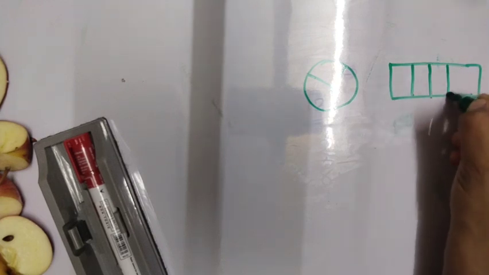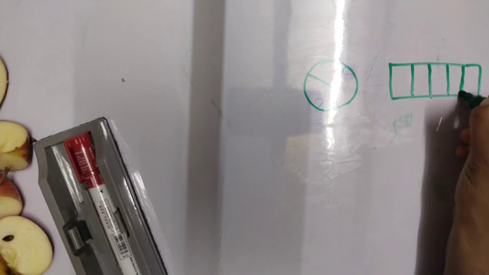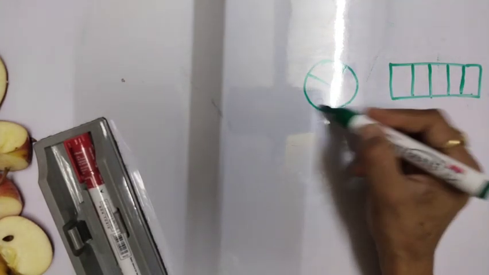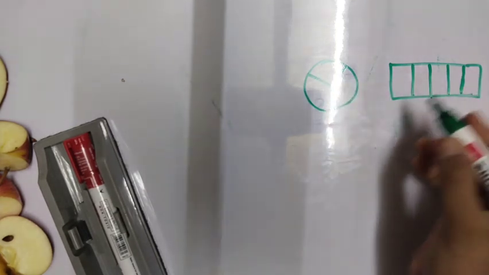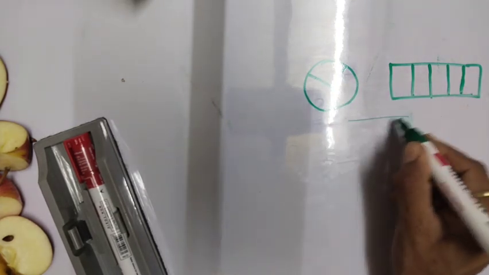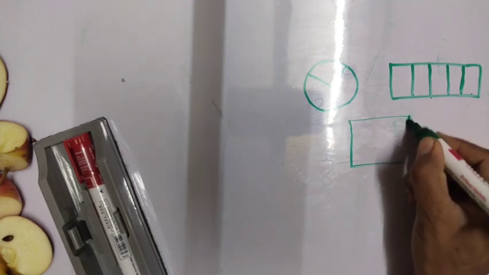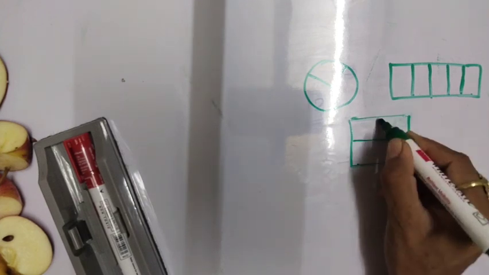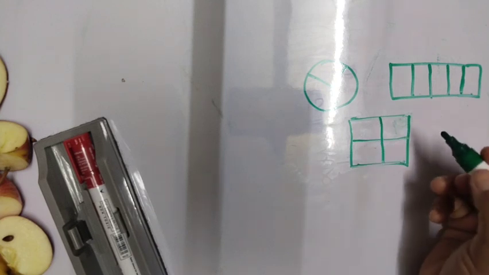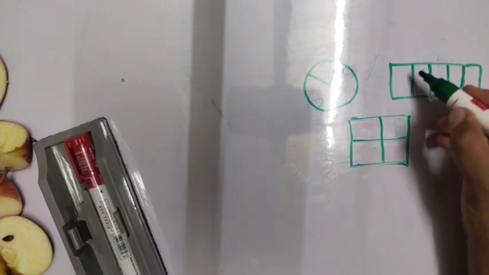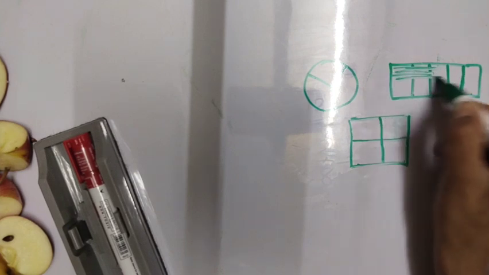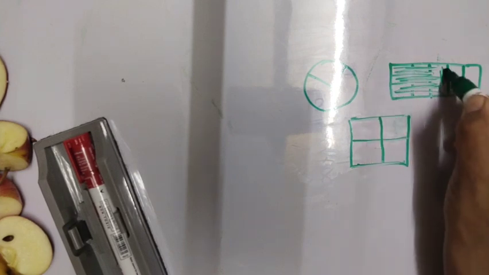If this is a rectangle divided into 5 equal parts, this is a circle divided into 3 equal parts. For example, if we take a square and divide it into 4 equal parts, now I am shading 3 parts in this rectangle.